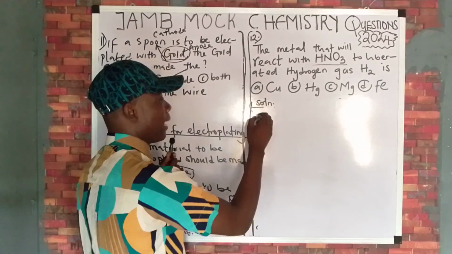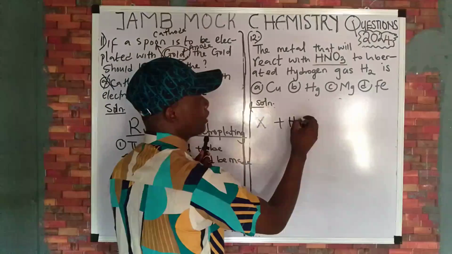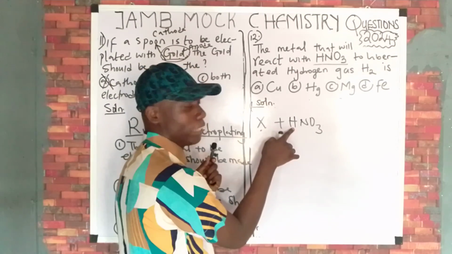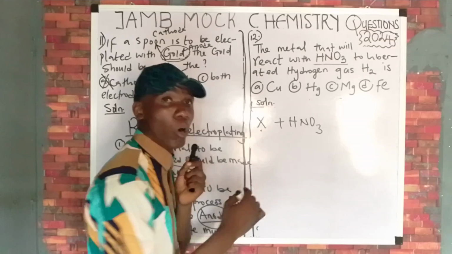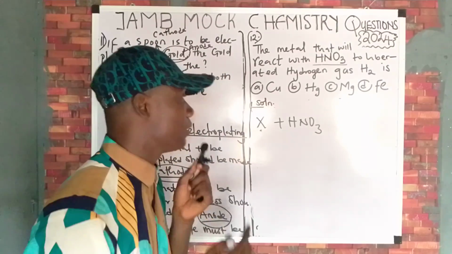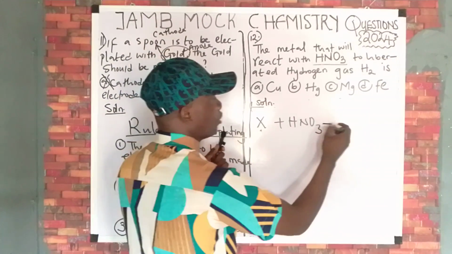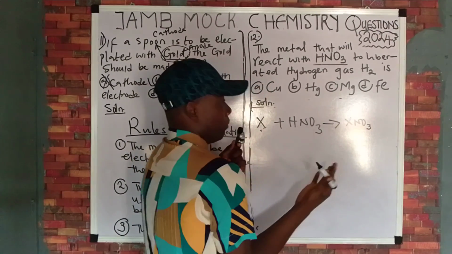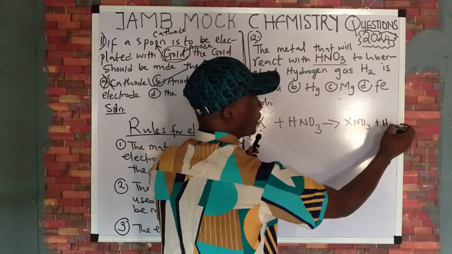So if I have a metal X reacting with an acid, in order for this metal to liberate hydrogen, the metal must be more electropositive than the hydrogen, so that at the end of the day, you are going to get XNO3, as the case may be, plus hydrogen gas.